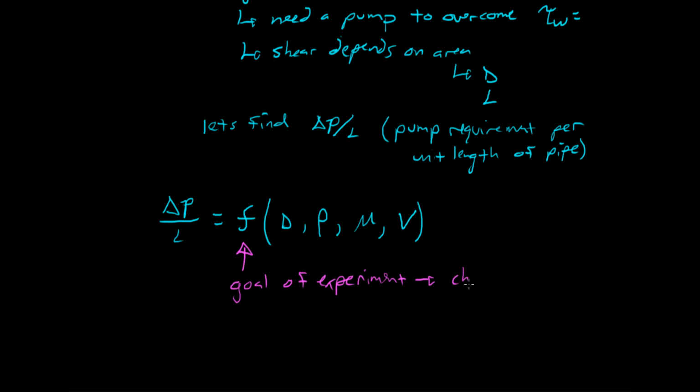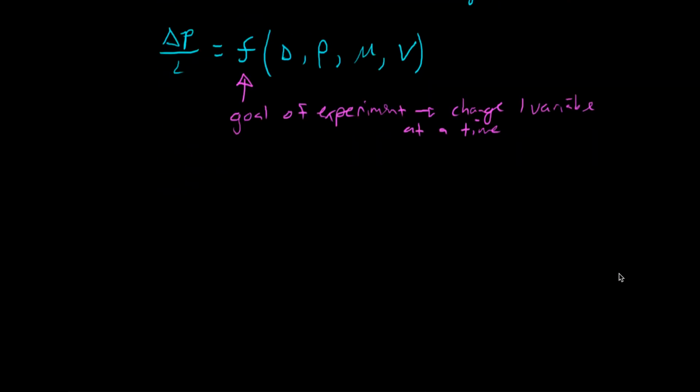And so the goal of the experiment would be to change one variable at a time. Well, that's all well and good. We could conduct, say, 4 total experiments because we have 1, 2, 3, 4 variables that we're interested in.